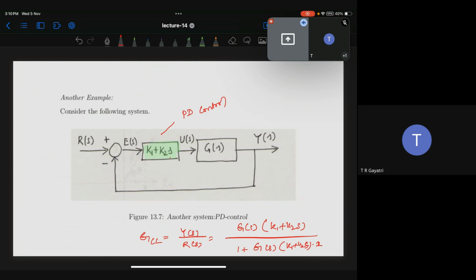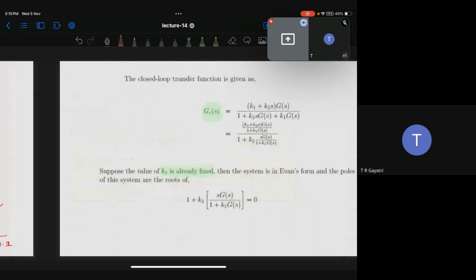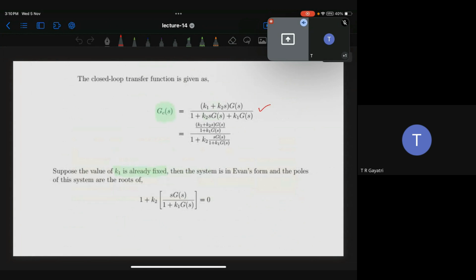In this, if you fix k1, we can write this in this way by taking this numerator.